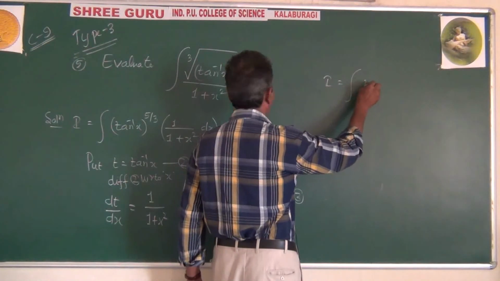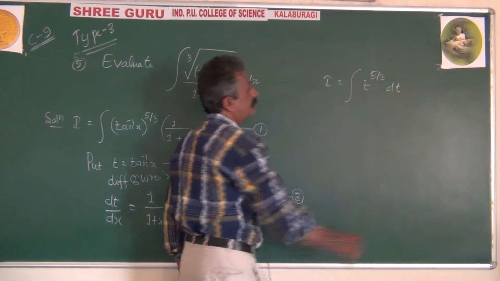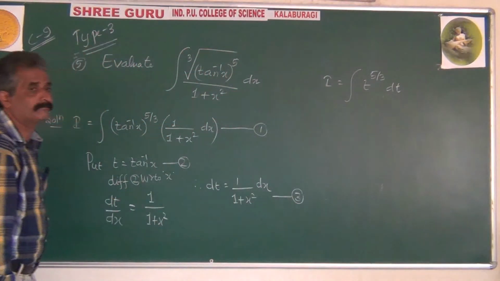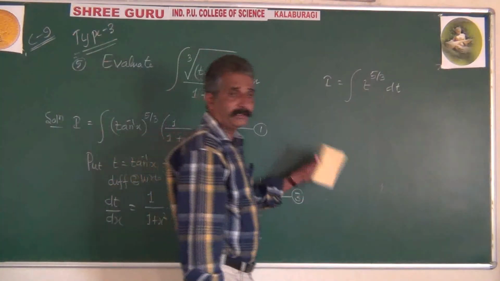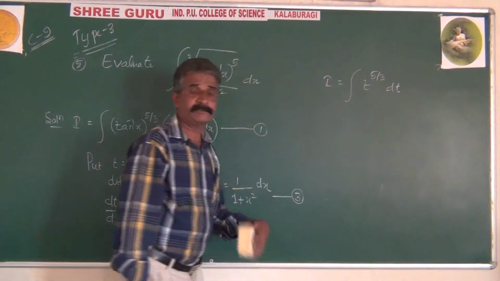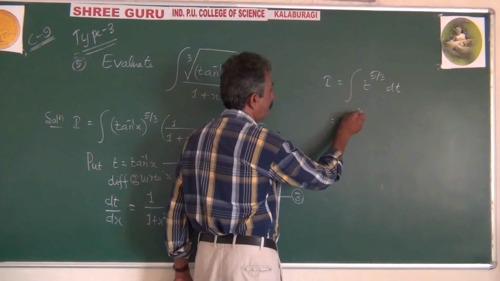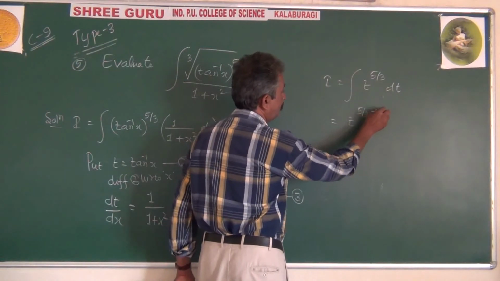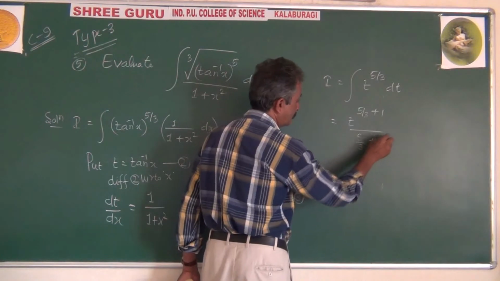Hence from 2 and 3, 1 changes to I equals the integration of t to the power 5 by 3 dt. It is a normal integration of x power n. Integration of x power n is x power n plus 1 by n plus 1. Here, t power 5 by 3 plus 1 divided by 5 by 3 plus 1 plus constant.